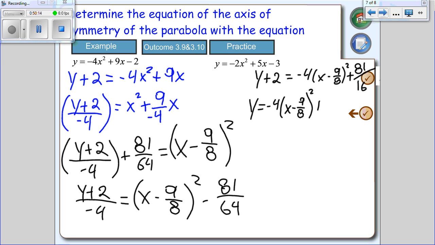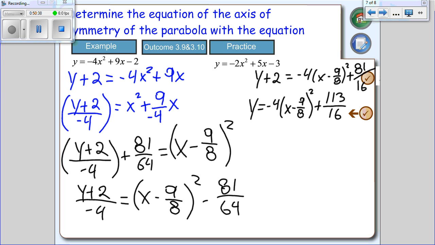Where's your vertex? 9 over 8 and 113 over 16. That's your vertex. Where's your axis of symmetry? x equals 9 over 8.